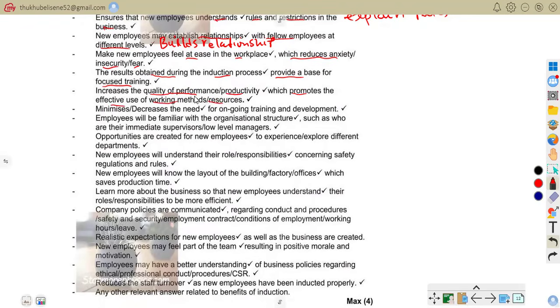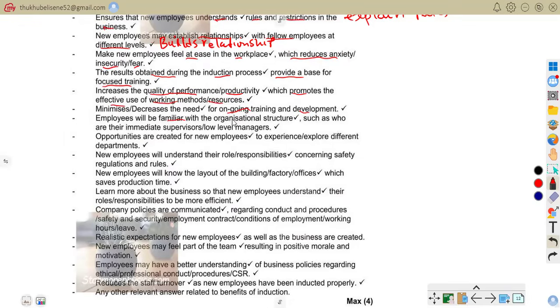Because these employees are going to have clear rules and know what is expected of them. Minimize or decrease the need for ongoing training and development. By so doing, it reduces the costs that the business was going to incur by doing ongoing training.